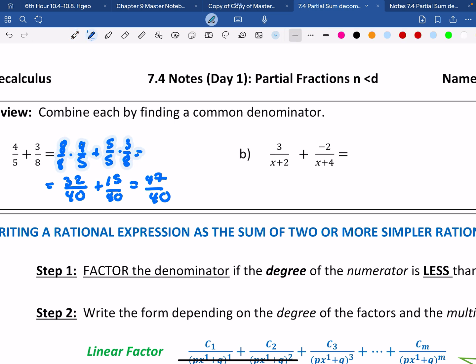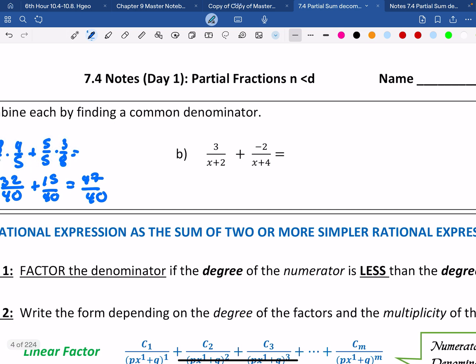Combining both of those together, if you take this top and the 3 and multiply those on the left-hand side, you'd get 3 times x plus 4. Doing the same thing over here, multiplying the x plus 2 times that negative 2 yields negative 2 times x plus 2, all divided by the least common denominator of those two put together.